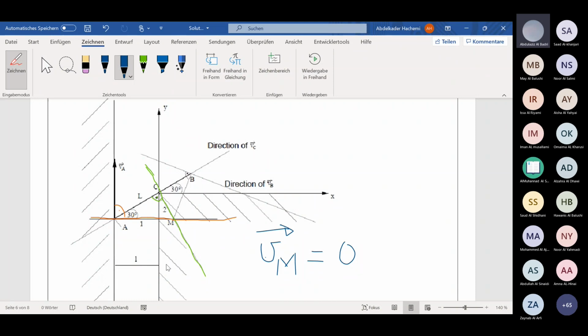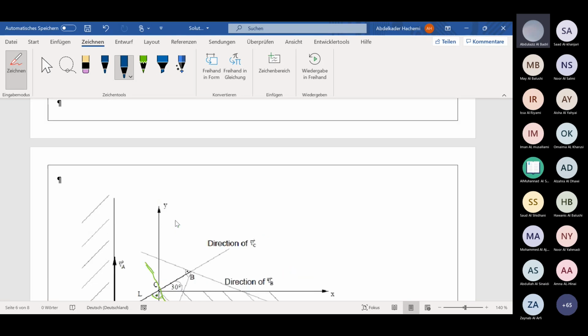We know small letter l and capital letter L. By drawing this on millimeter sheet, for example, we measure a reading of this distance AM, and also we can read CM.